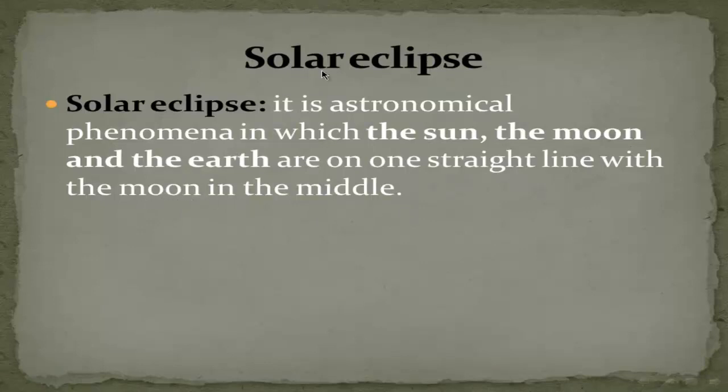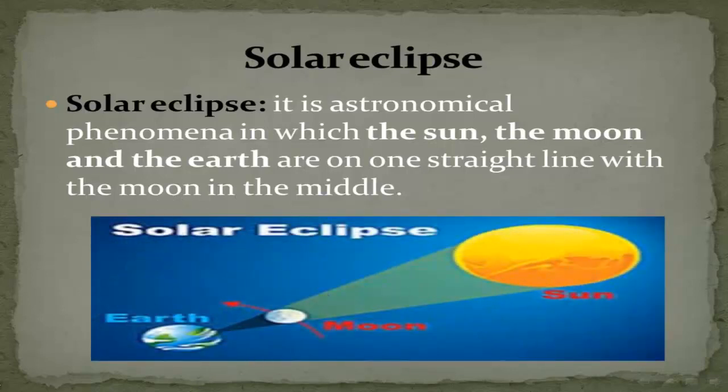So, what is meant by solar eclipse? Solar eclipse is an astronomical phenomenon. Astronomical means occurring in space. So it is named an astronomical phenomenon, in which the Sun, Moon, and Earth are nearly on a straight line and the Moon is in the middle between Sun and Earth.